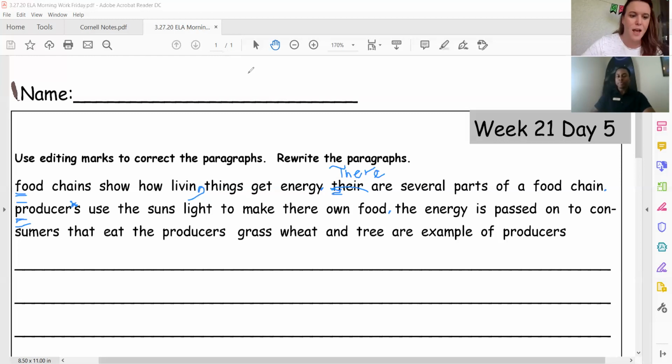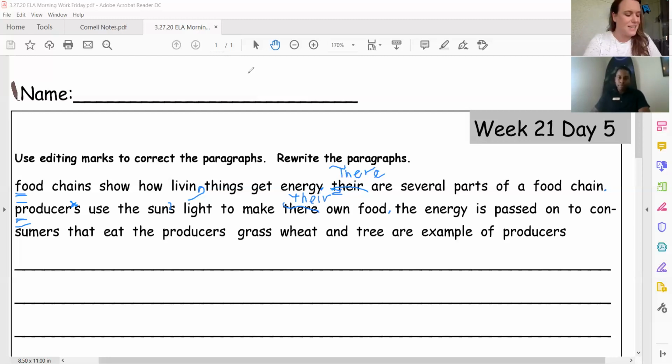It's just S. However, the sun does own something. So the light. Yeah, it's the sun's light. So we need to put that apostrophe right there. All right, now, another homophone. There. That's not the right there. This there is the possessive. That was up above. There. Because it's their food, their own food.